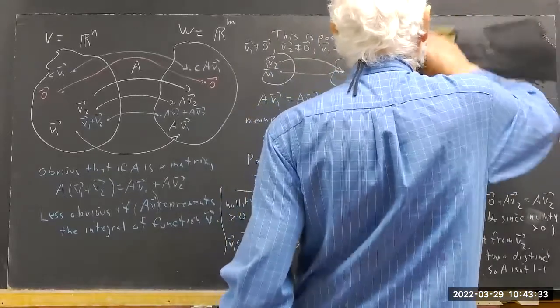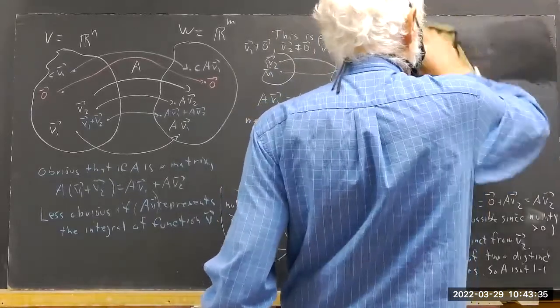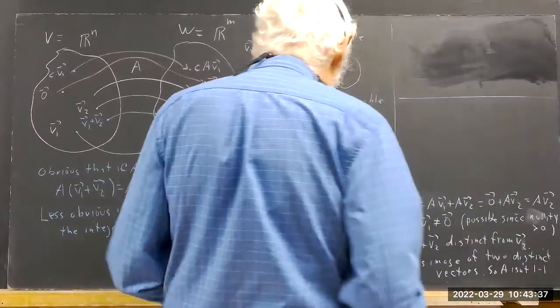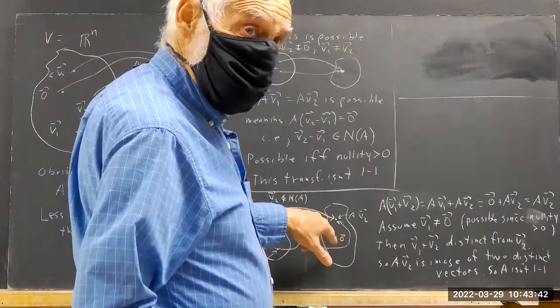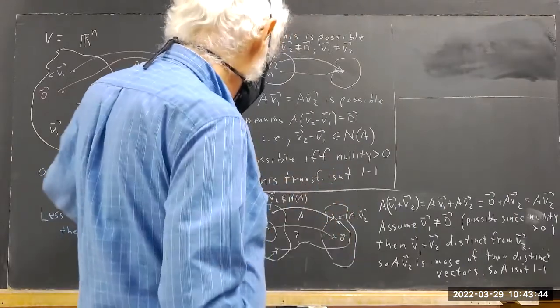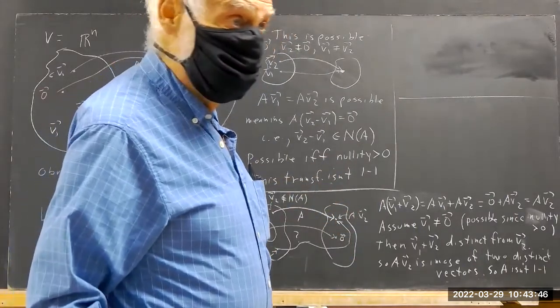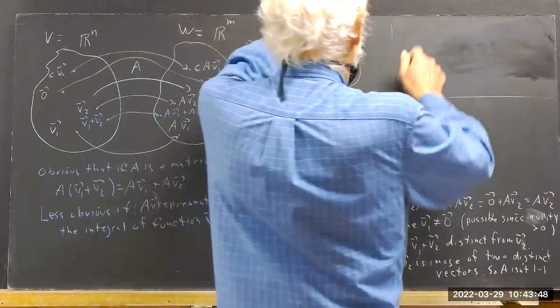That's the idea. But it's not necessary that every vector in W here be the image of a vector in V. Okay?